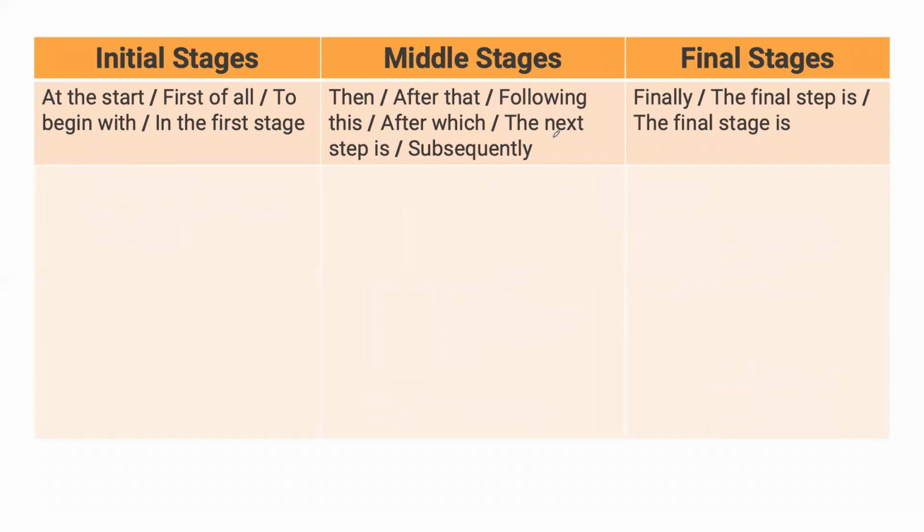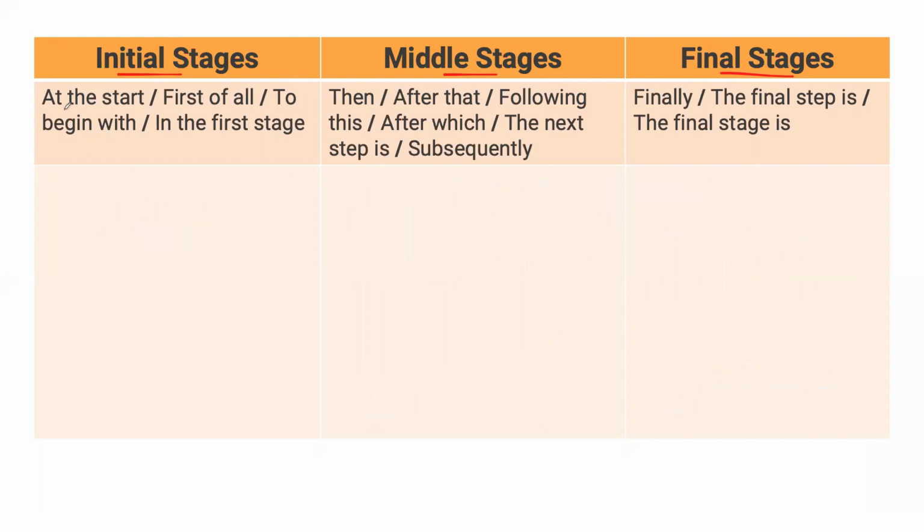Something else I'd like to go through just before we start looking at our example today is sequencing. This is extremely important for this question type because, again, you'll have to describe the process and the stages of a process. So I split this up for you into initial stages, middle stages, and final stages. These are some great phrases that you can use for each stage.